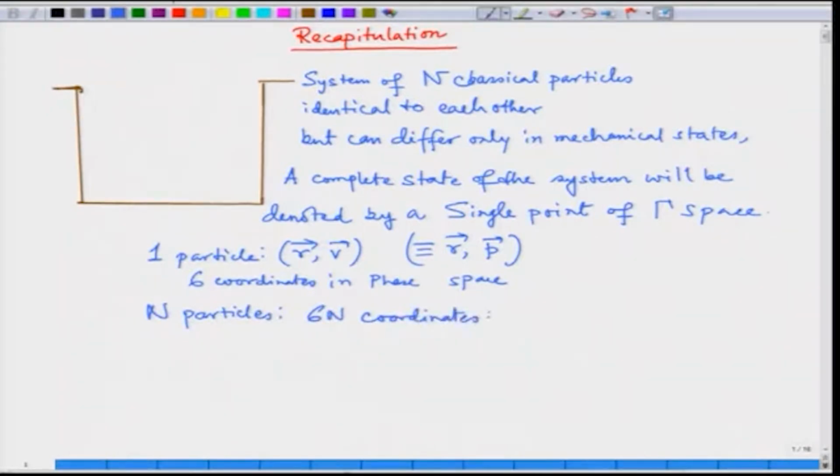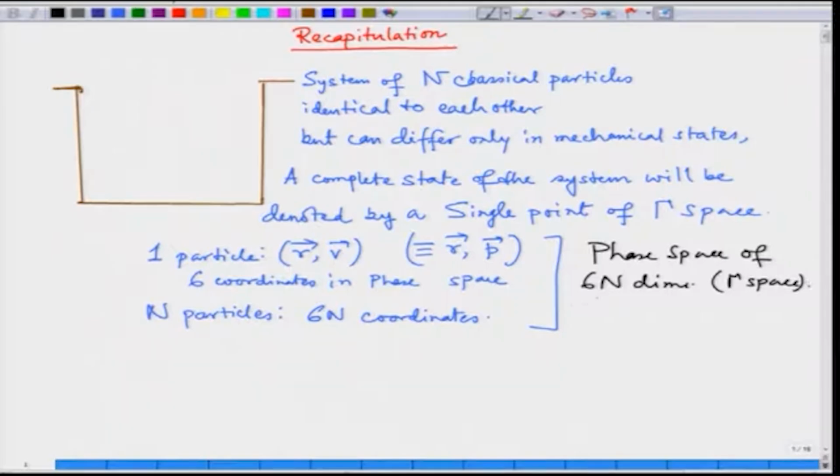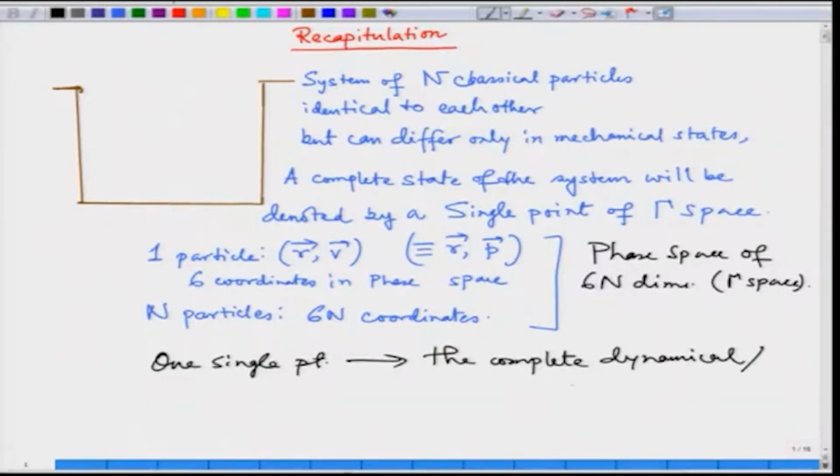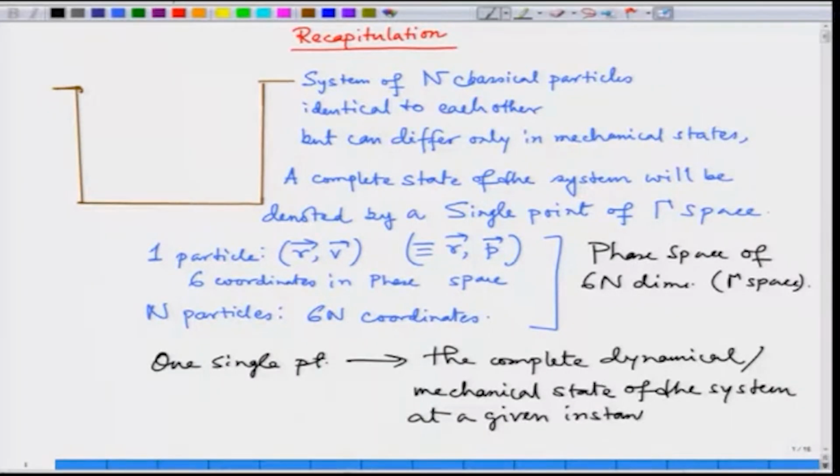So, if you assume your phase space to be of 6n dimensions, that is basically your gamma space, then if you freeze your time and take a snapshot, only one single point will designate the complete dynamical or mechanical state of the system at a given instant, let us say t.